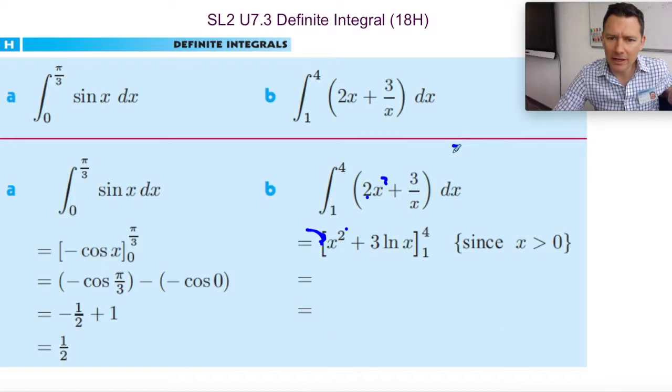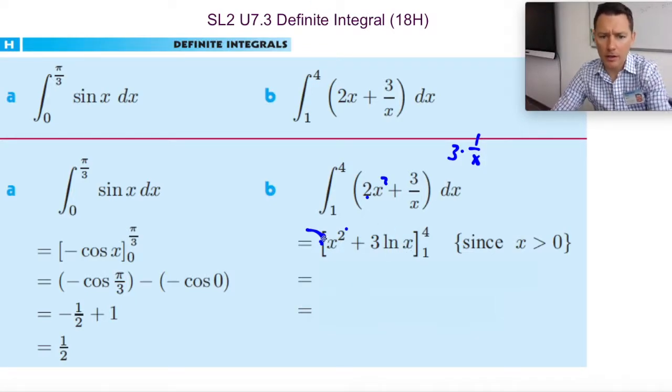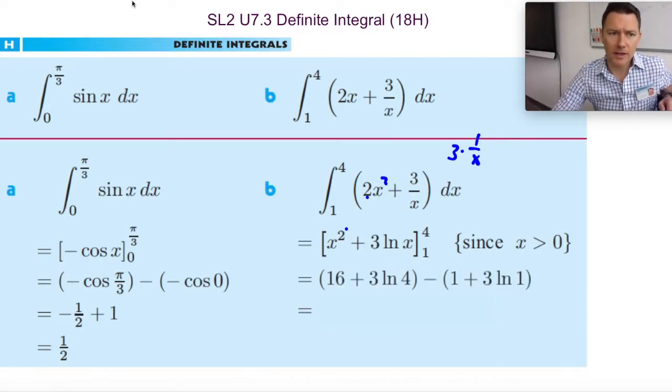Likewise, this is 3 times 1 over x. Leave the constant, integrate this piece, and that's natural log of x. We're going to evaluate all of those at x is 4, and then again at x is 1, and then subtract them. And that's what this mess is.